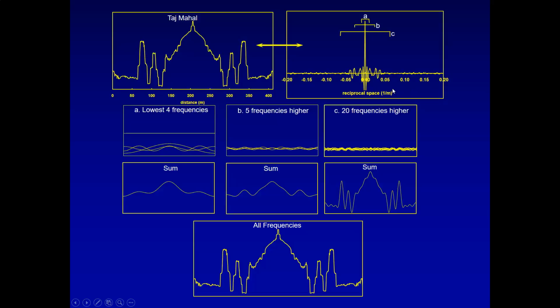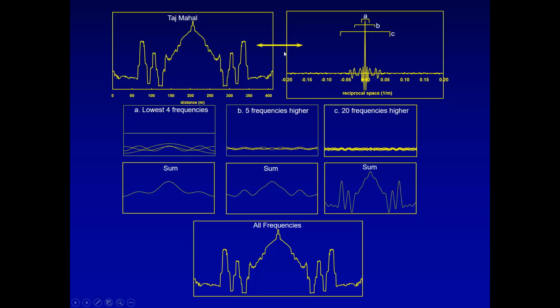But there is something about the way we acquire them when we're acquiring them in the presence of these gradients. When the gradients are turned on, that allows us to do a conversion into this reciprocal space. There's a generally linear relationship between the time and the reciprocal space coordinates. That is something else that we'll talk about later. Just for now, please take it on faith that we acquire our data in reciprocal space.